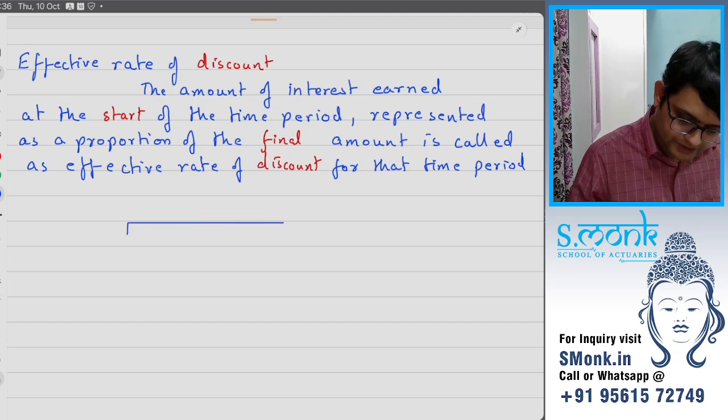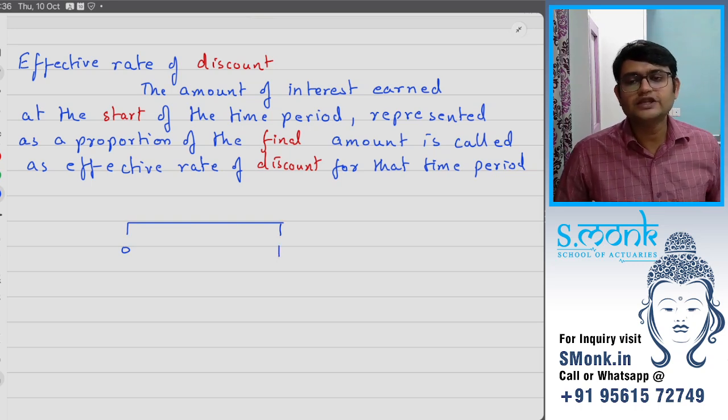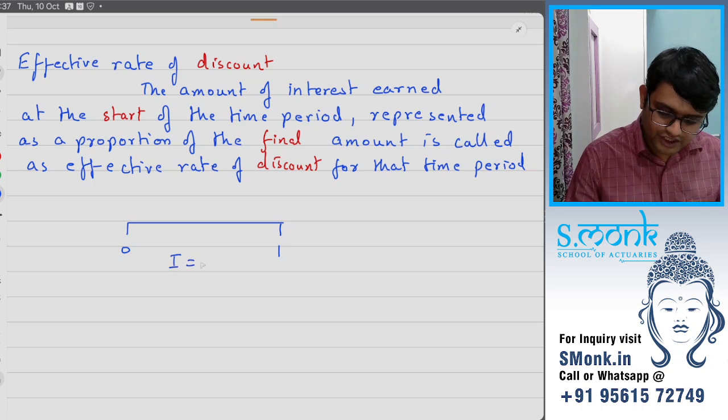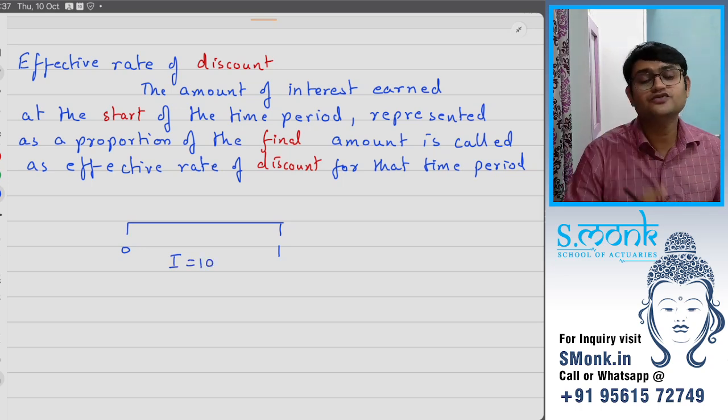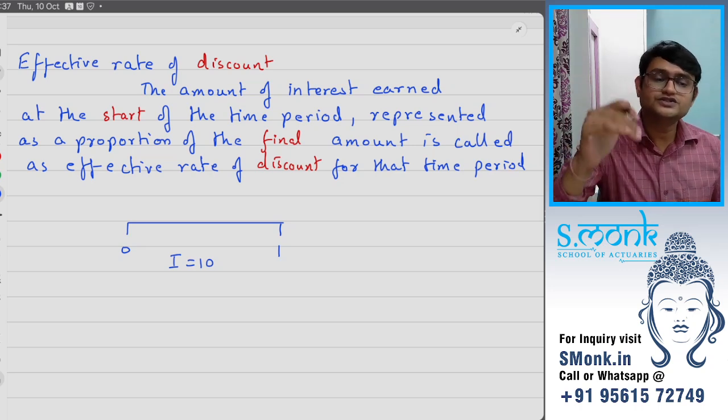Let me give you a simple example. Let's say again you need 100 rupees as a loan, and I again say that I will charge you interest of 10 rupees on every 100 rupees that I give you, but you need to pay the interest at the start of this year.